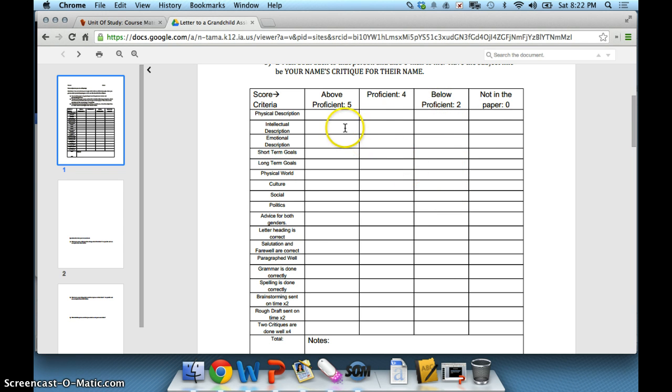If they're proficient or above proficient in your opinion, you can just put an X there and move on. That doesn't mean you should mark it proficient when you believe it's not. Actually look at their papers, actually critique it.